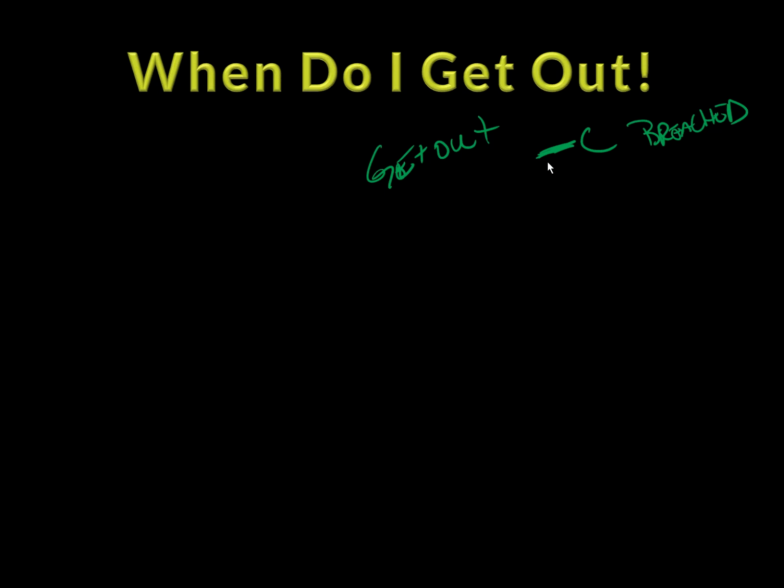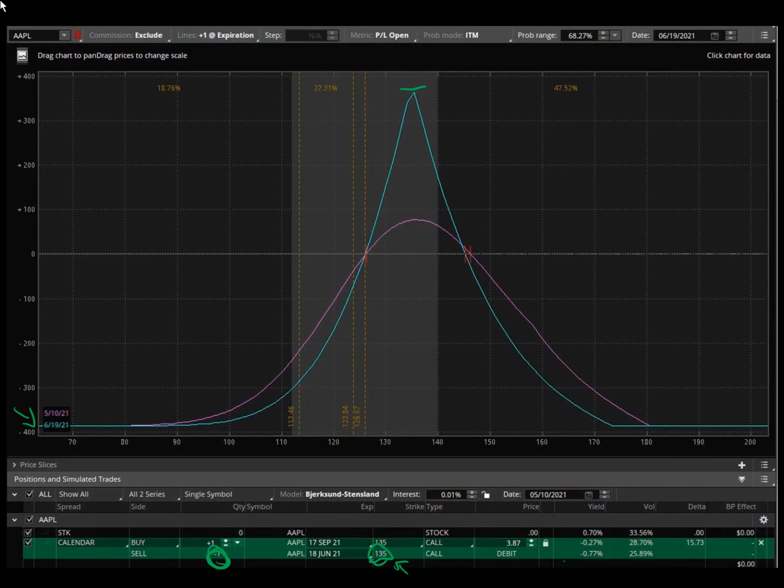The only way to really achieve this exact max profit during the life of the short option is if my short call expires worthless, meaning the underlying was trading 134.99. Okay, right?